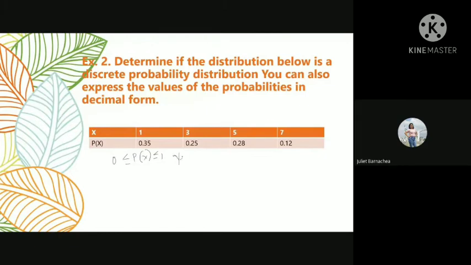Yes, tama si Kitorio. Tama din si Mansanas. Okay, second condition is the summation of P of X equals to 1. Yes or no? Second, yes.